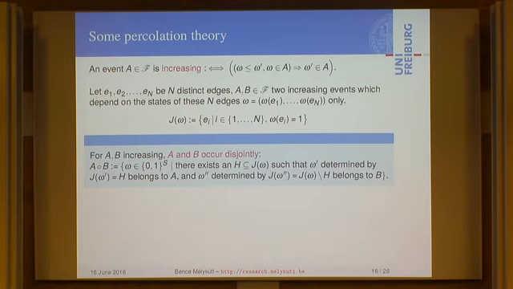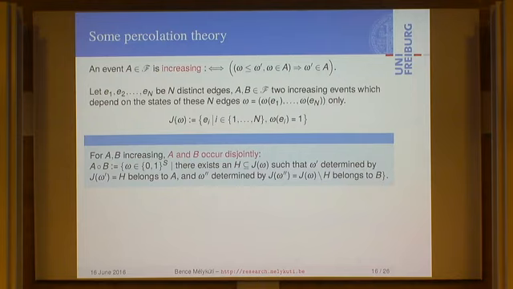And so there is another notion, which is that when you have two events A and B, then they occur disjointly if the reason why they occur is independent from each other. So let's look at a finite number of n edges. If you have two increasing events which depend only on these n edges, then let's take this set J, which tells you which edges are open.